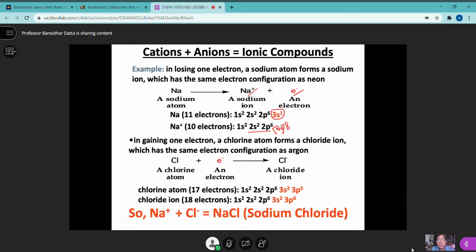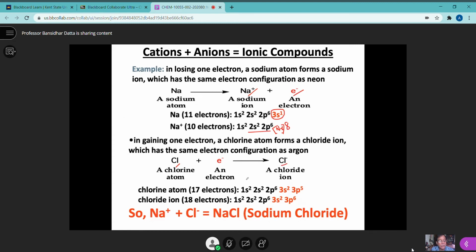Now similarly, for an anion, take a non-metal like chlorine, which is group 7A, so 8 minus 7 is 1 electron. It also follows the octet rule. Chlorine will accept the electron that sodium lost and become Cl minus.